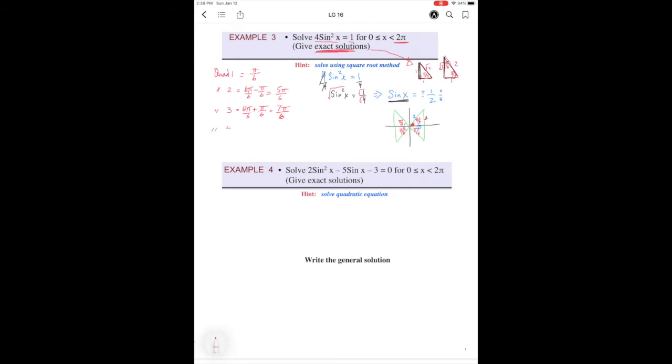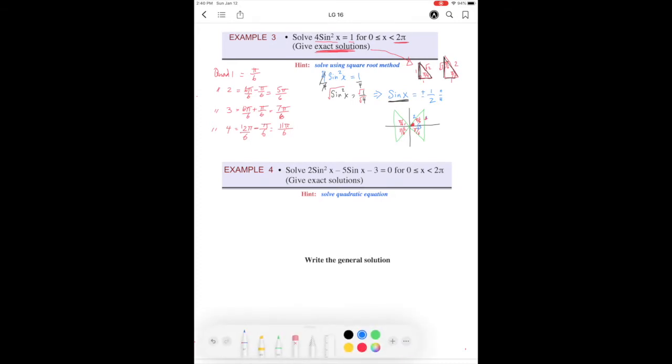And then in quadrant 4, we're doing 2 pi take away pi over 6. We make that 6 and that 12. So that is 11 pi over 6. So now those are our answers.